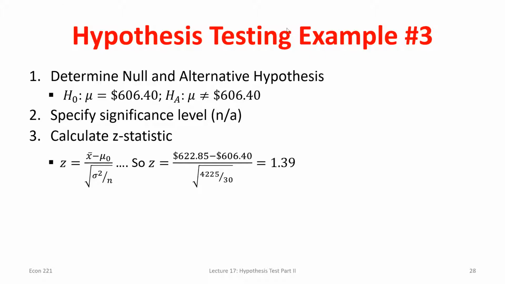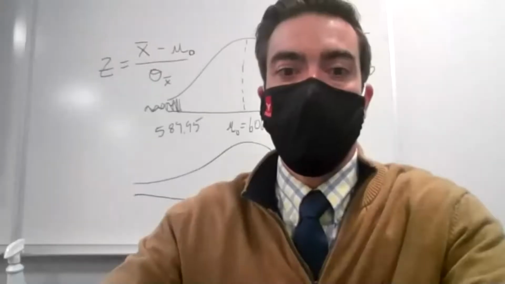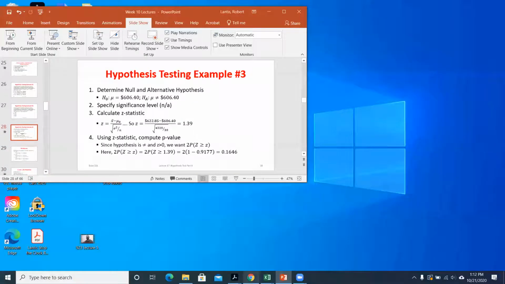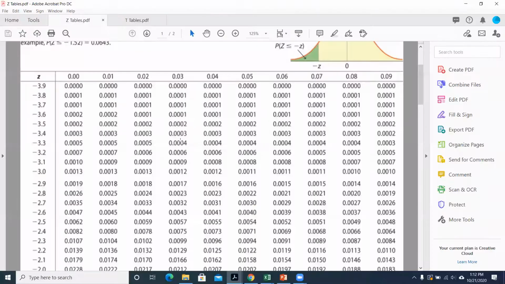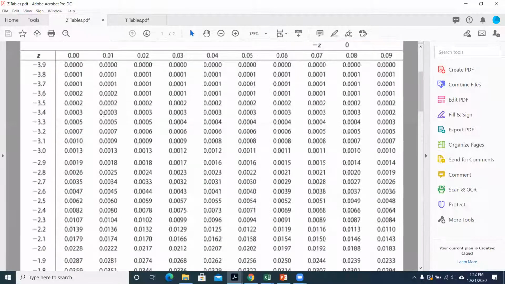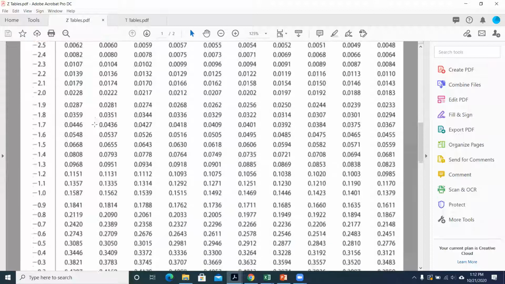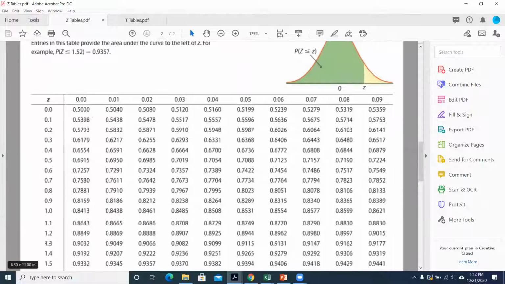Okay, so I need to look up that z value of 1.39. So I'm going to use my standard normal tables. I go down here, 1.39 is all the way over, 0.9177.